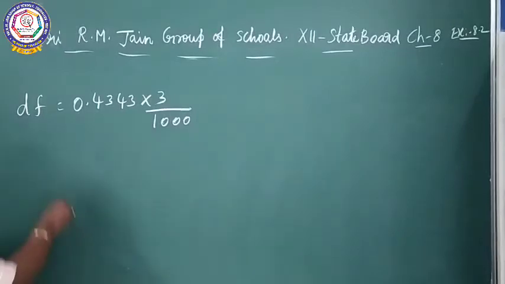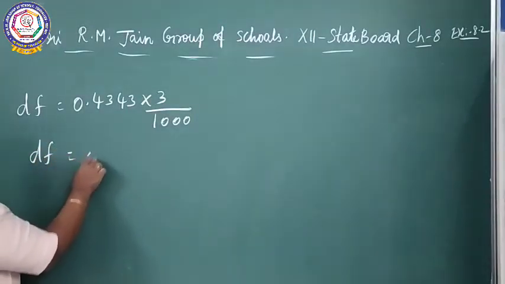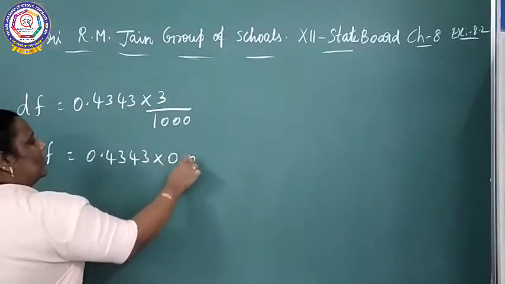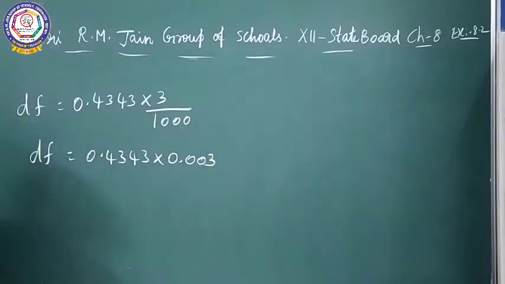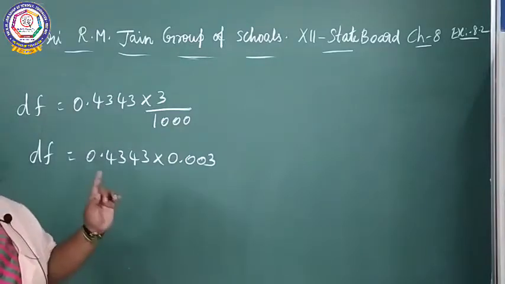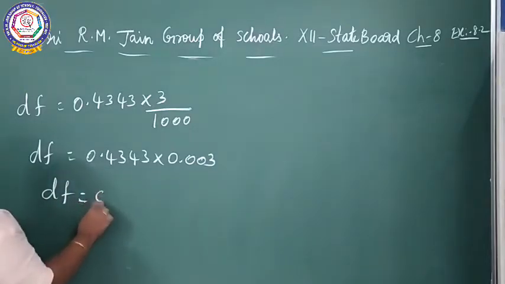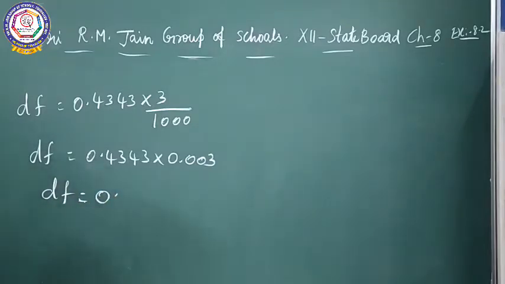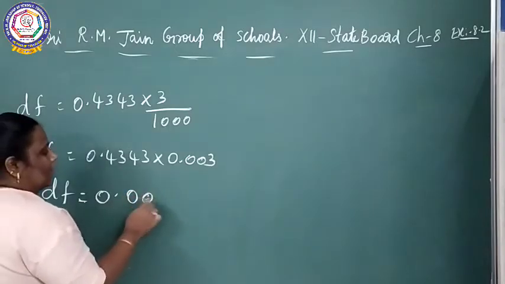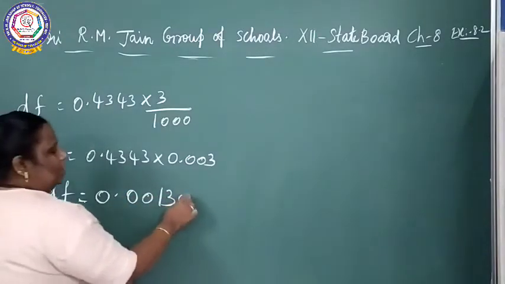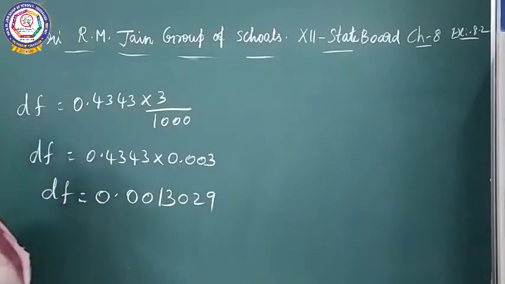See here, df equal to 0.4343 into 0.003. You multiply and check the answer in the refer column. df equal to 0.00130229. You will do it and check the answer.